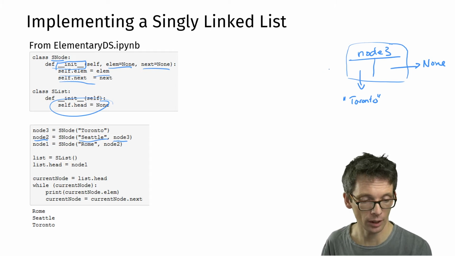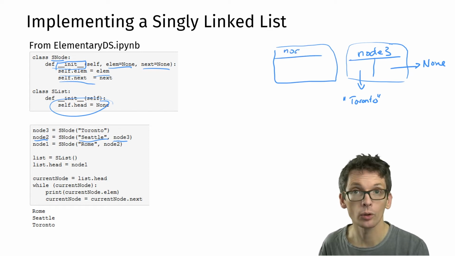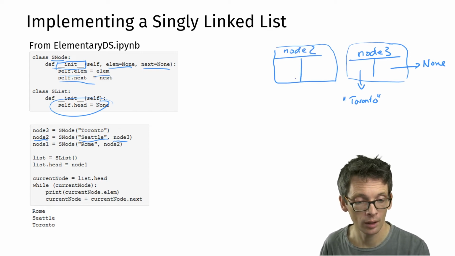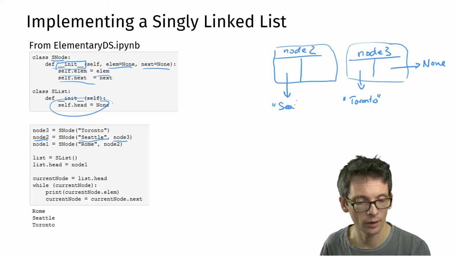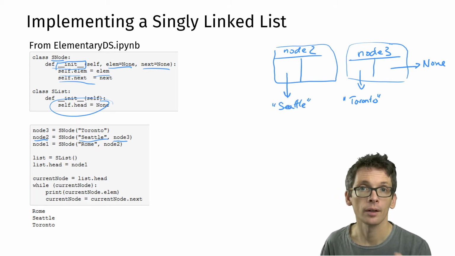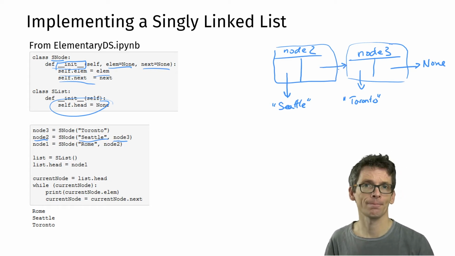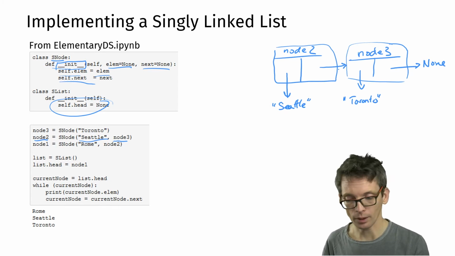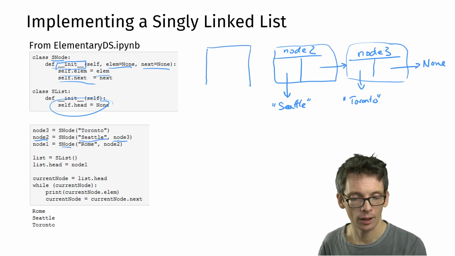Now I'm creating a node 2 which stores Seattle and as next has node 3. So how does that look? I have node 2 here. It stores Seattle. And the next is node 3, so it points here. Then I'm creating a node 1. Let's have it here.